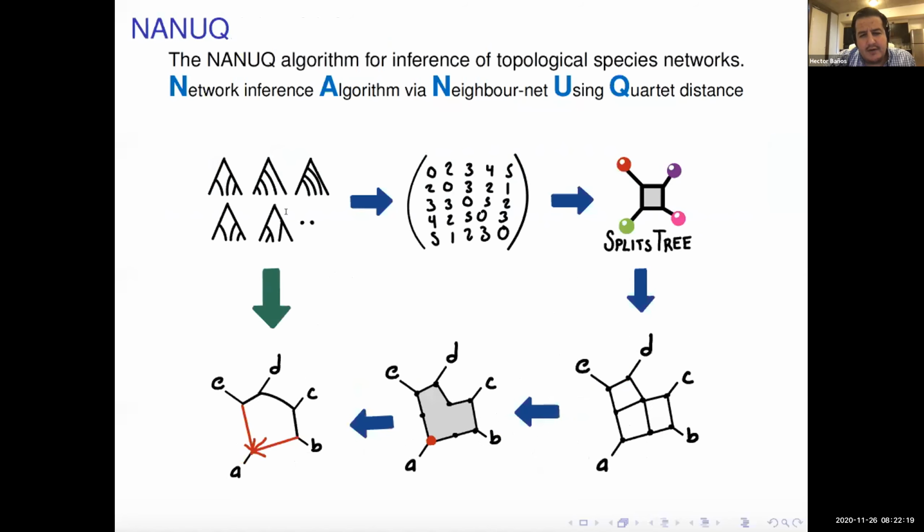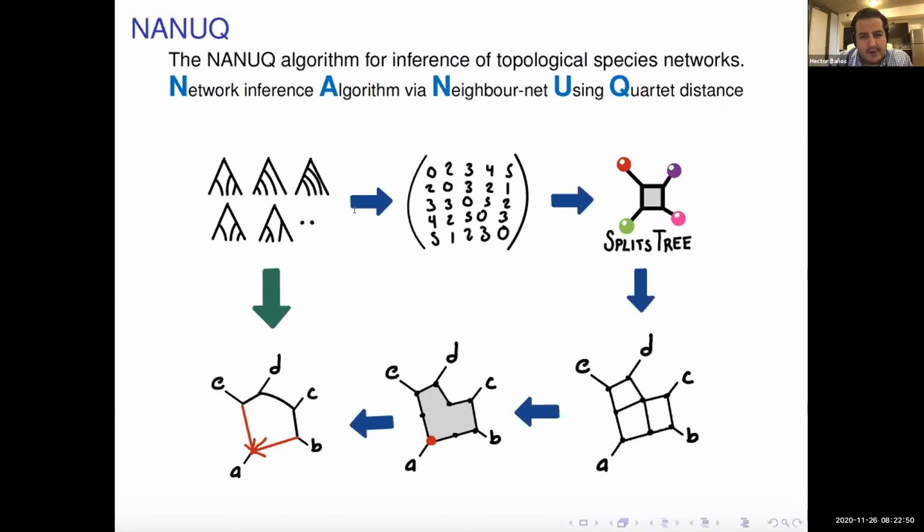So how does Nanook work? You feed in the gene trees, and then in this arrow there are some hidden processes, but what we construct is a matrix, the inter-taxon similarity matrix between taxa. And then once we obtain that, we use SplitsTree. Formally, we use NeighborNet and the circular split algorithm to construct a splits graph.